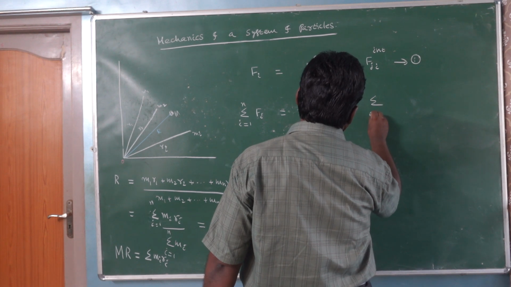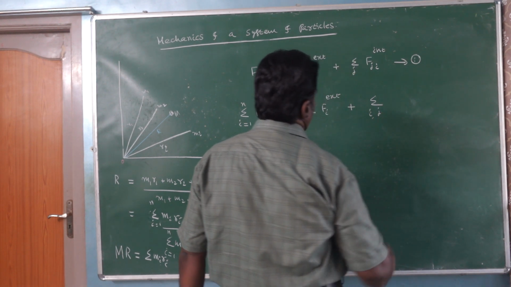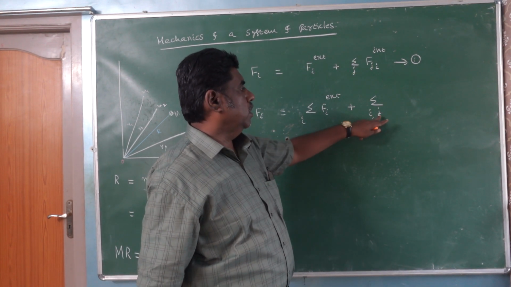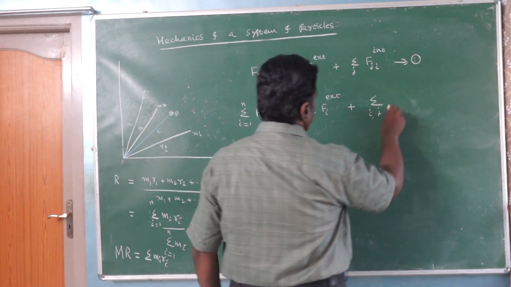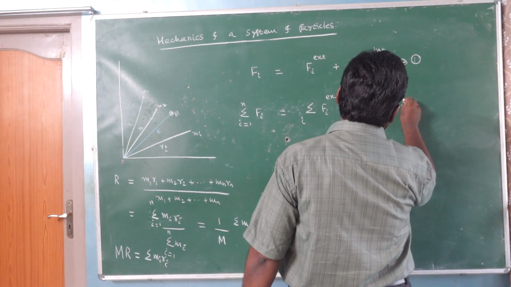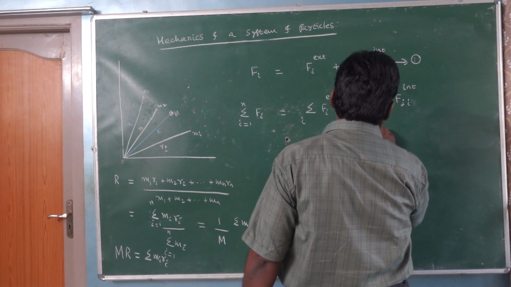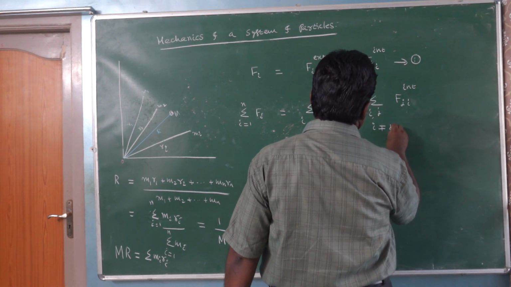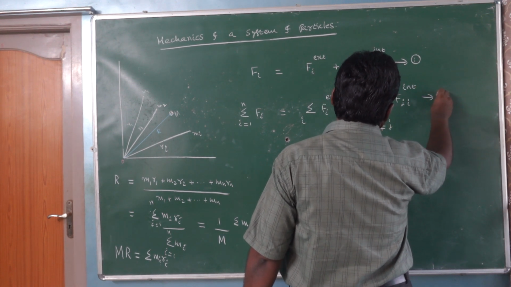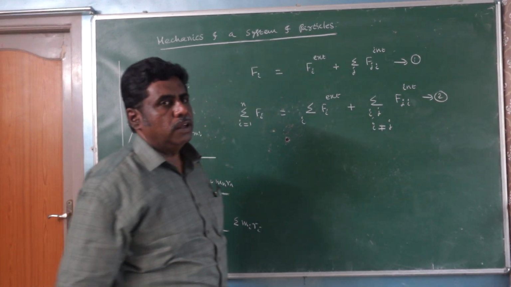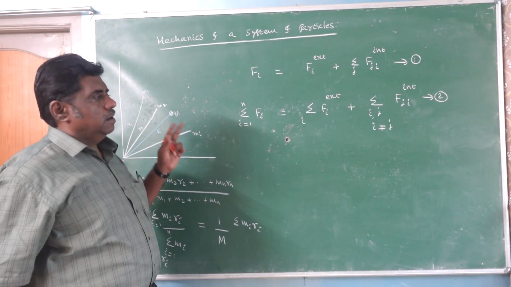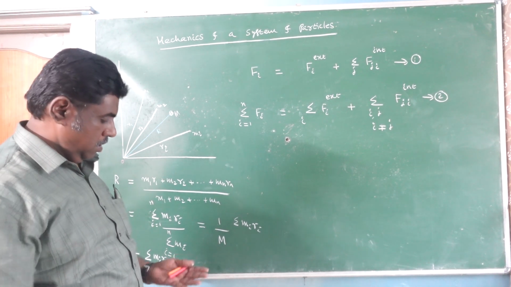Here the second term, the summation, let's put i comma j, then Fji internal. Here i is not equal to j. This is the force acting on the entire system.